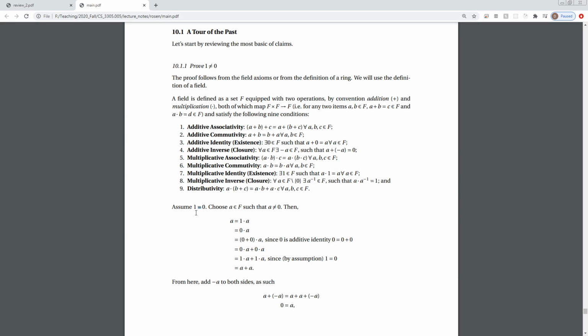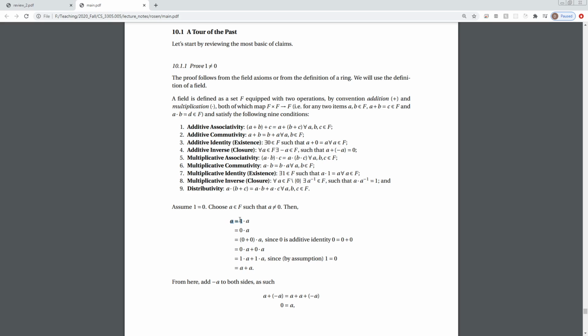So we show that the multiplicative identity is not equal to the additive identity first by assuming that they are the same, that we have this wondrous omni identity that's both the additive and the multiplicative identity. Then you can pick any number in the field that we're studying such that it's not equal to 0.